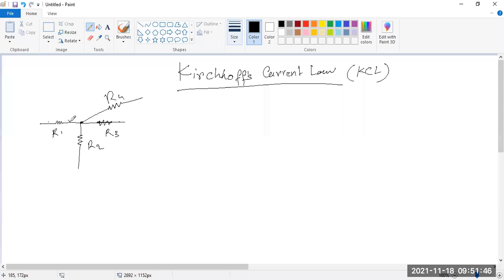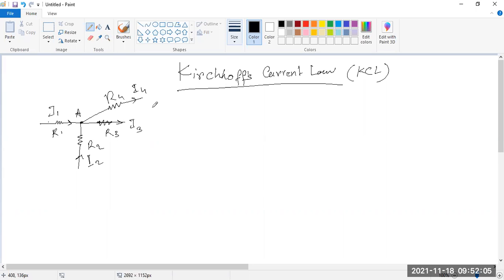Say some current I1 is coming to this node A, and I2 is also coming in. Current is going out from this node A, and this is also outgoing current I4.